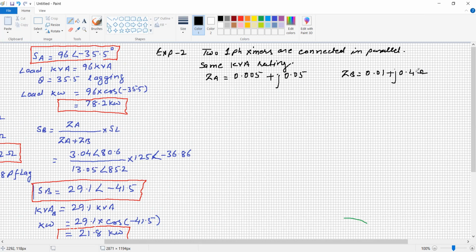If A is operating at full load at 0.8 power factor lag, what will be the load on B? Here the transformer ratings are the same, isn't it?